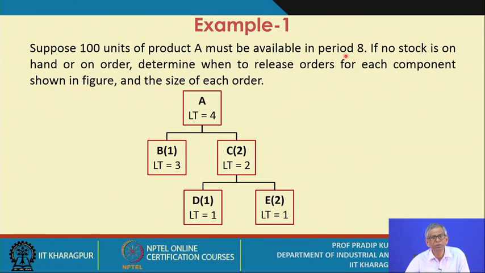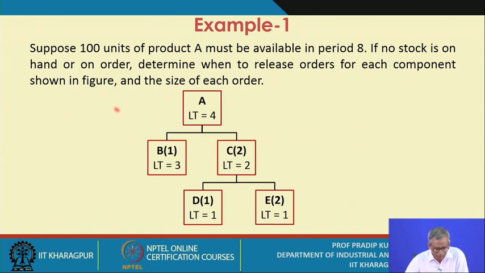The measuring unit could be a week, so period 1, period 2, period 3, each period represents 1 week. In period 8, if no stock is on hand or on order, that means the initial condition is 0 inventory. Determine when to release orders for each component shown in the figure.